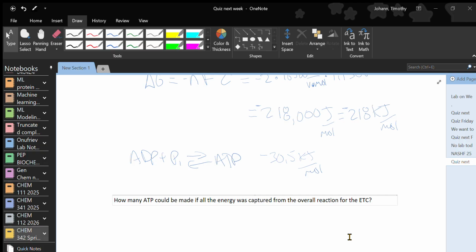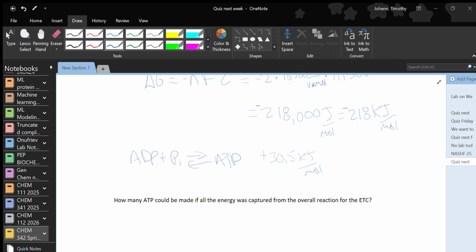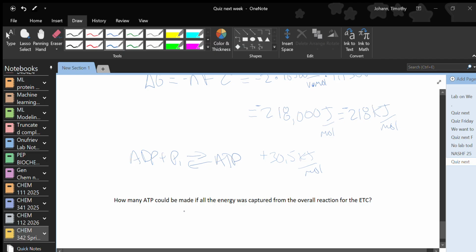Wouldn't it be positive 30 because that would be the non-spontaneous going from ATP? Sure. Agreed. Okay, but what we're going to do here is we're just going to take 218, right? That's going to be 218 kilojoules produced or captured.